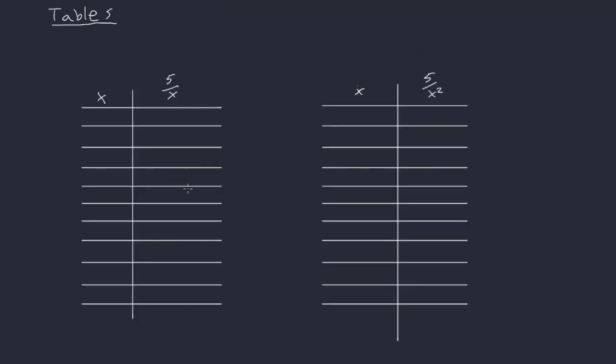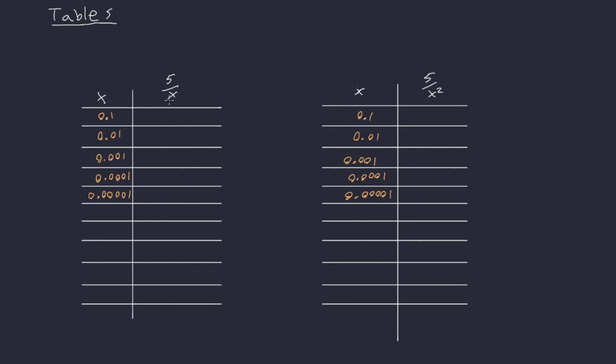Okay, here I've set up a table, and I'm going to start looking at values really close to 0. So I'm going to start with, say, 0.1, then 0.01, then 0.001, 0.0001, and I'll do one more, 0.00001, and I'll do the same over here for the 5 over x squared.